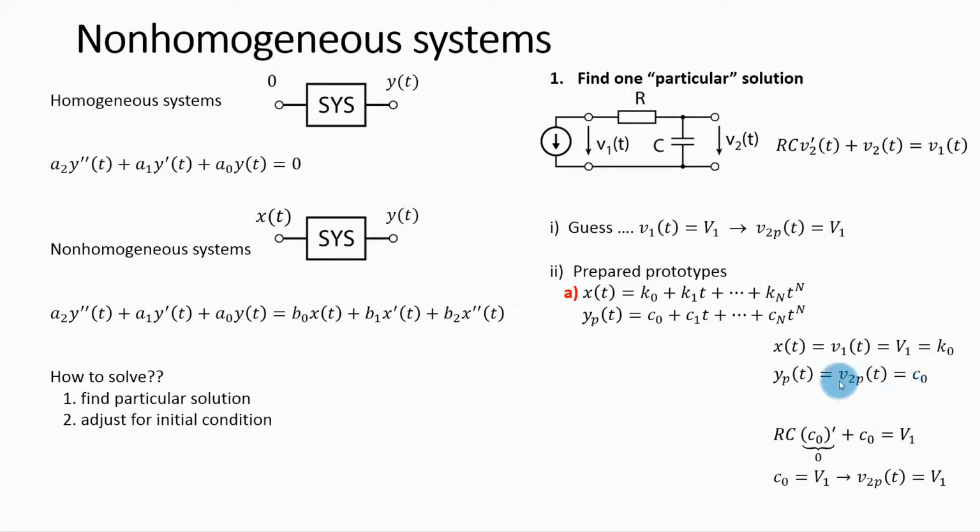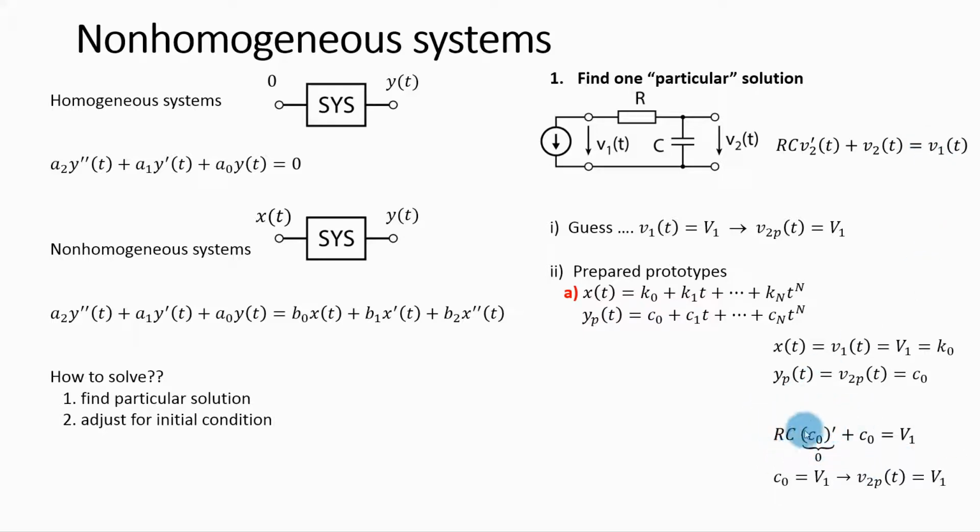Well, I will just substitute this prototype of my particular solution into my differential equation, and I will find what C0 needs to be for the equation to hold. So this is my differential equation, and now I will substitute my particular solution, that is this constant C0, for V2. Also, I will substitute my input signal V1, and this is what I get.